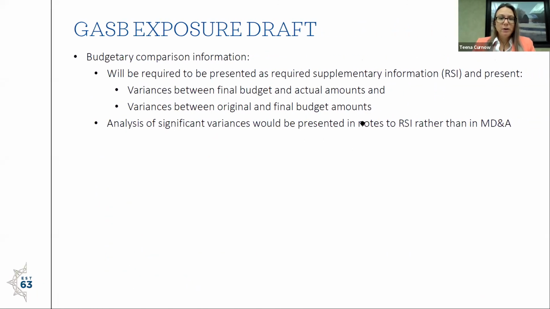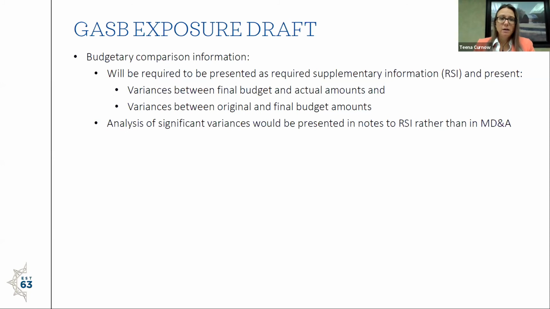As far as budgetary comparison information is concerned, this is directly accounted for in this standard and spelled out. It will be required to be presented as required supplementary information and include variances between the final budget and actual amounts and variances between the original budget and final budget amounts.